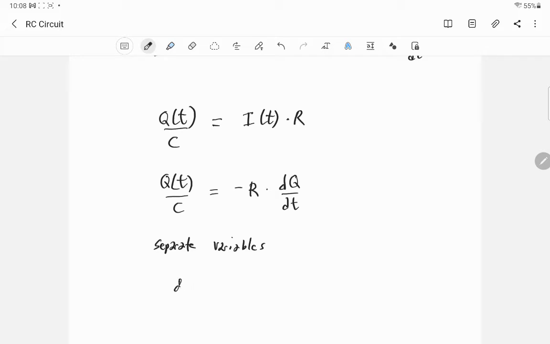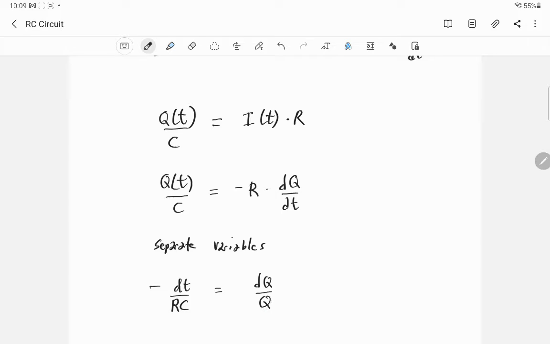So I've got dt over here. I'm going to move the negative r also underneath. So I've got negative dt over rc, and it's equal to, so the dq is on the right hand side, I'm going to move q of t underneath, like that.